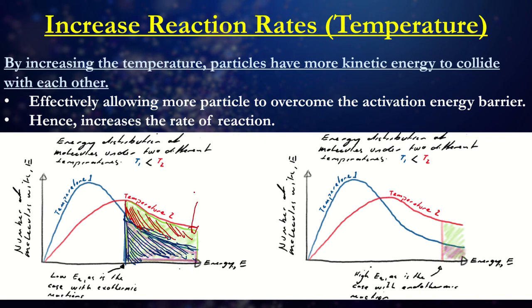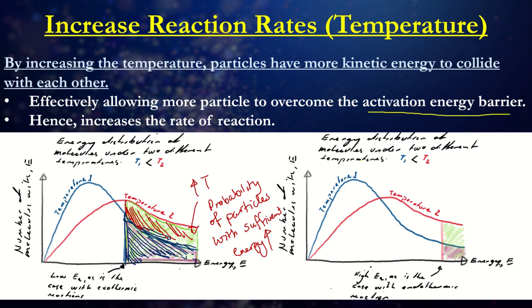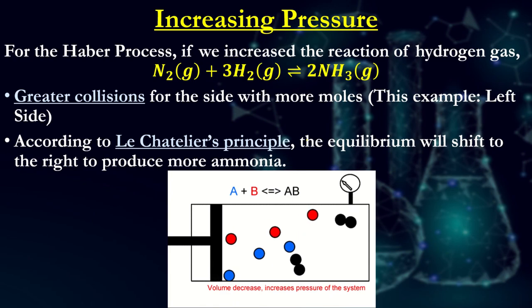So by increasing temperature, the probability of particles with sufficient energy to collide will increase. So that's the idea we're looking into there. That's what increasing temperature does, and obviously it allows us to overcome the activation energy barrier that we talked about before as well.